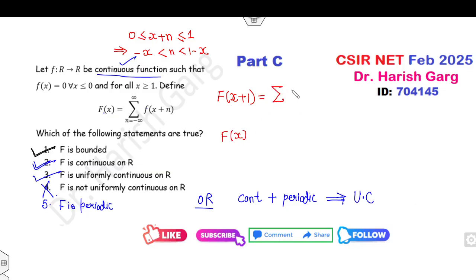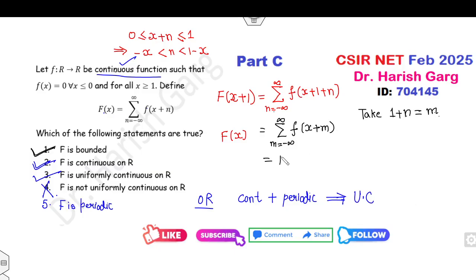So I can start from f of x plus 1 plus n, where n goes from minus infinity to plus infinity. Now that's very simple. I can take 1 plus n to be another number, say m. If n approaches minus infinity, m also approaches minus infinity, and to infinity again, so it will be x plus m.